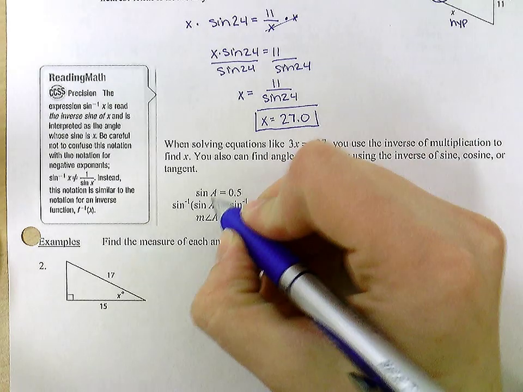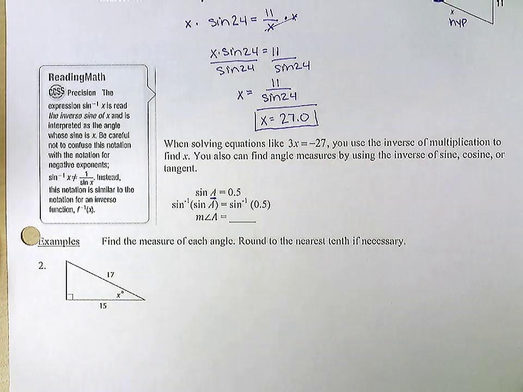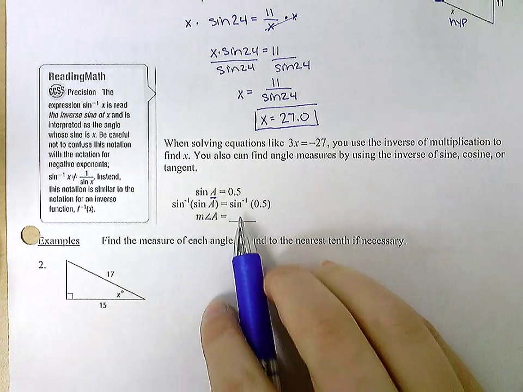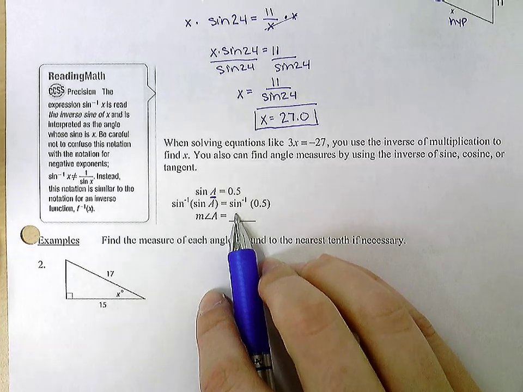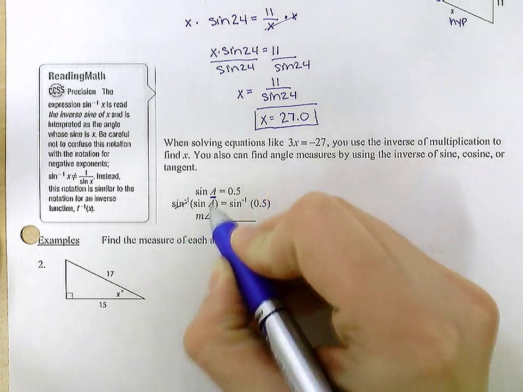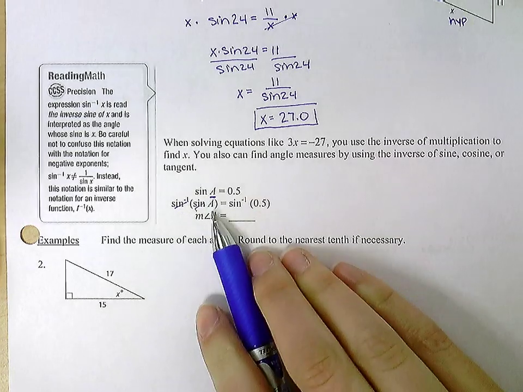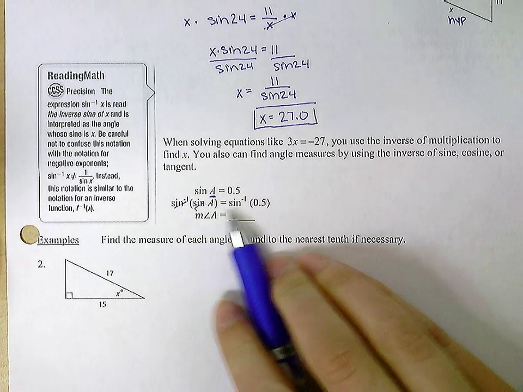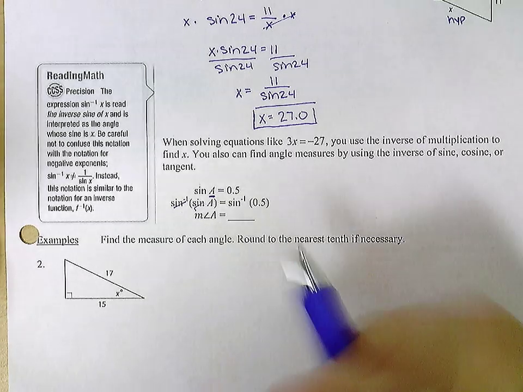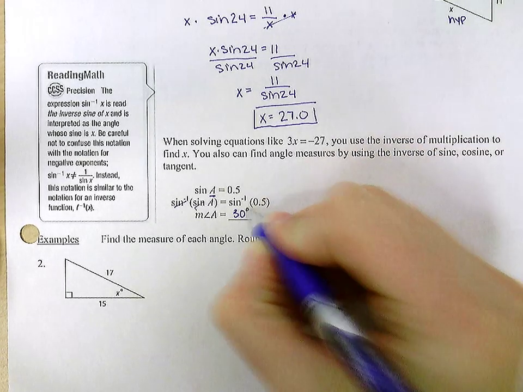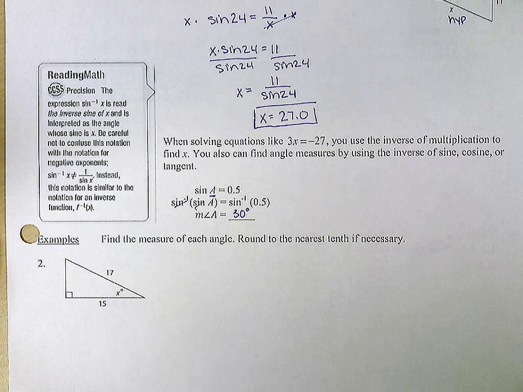So this is when your variable, so in this case, A is part of the angle. So you would bring in sine inverse to both sides. When you do that, it cancels on that left-hand side, so you get A is equal to the sine inverse of 0.5. Okay, so angle A would be 30 degrees if you were to type that into your calculator.